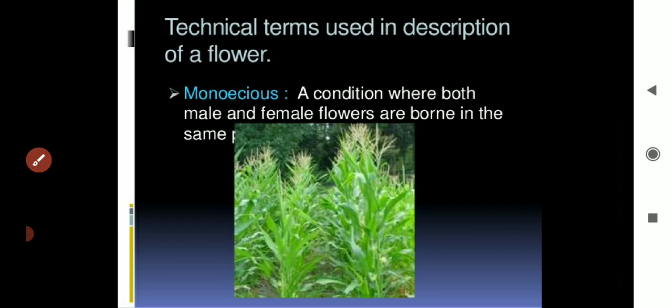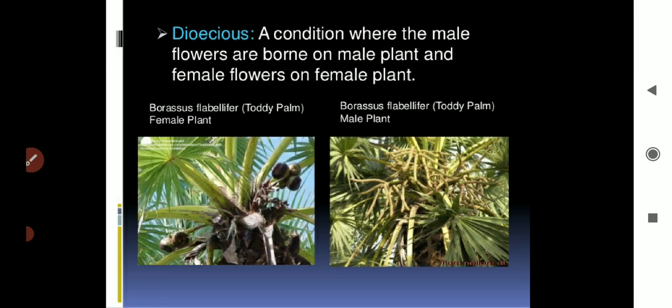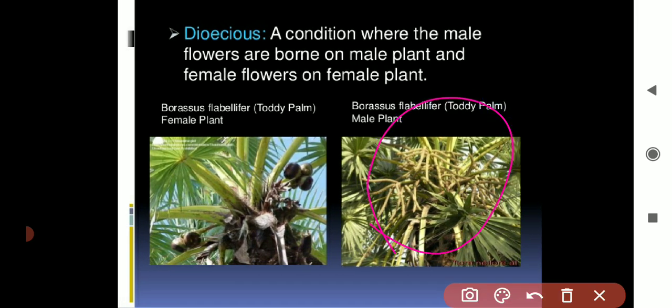Then the next one, if one is mono, the other one will be dioecious. This is when a male plant bears a male flower and a female plant bears a female flower. Like here, this is one plant and this is another plant. Let's say this is soil, the roots.